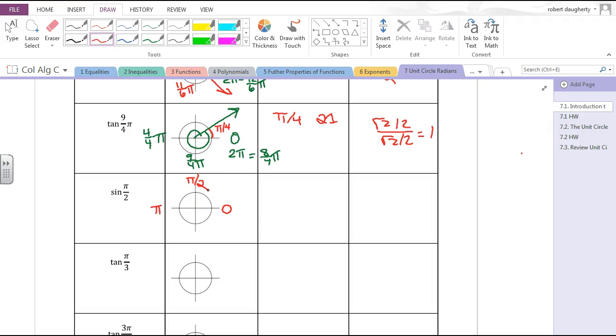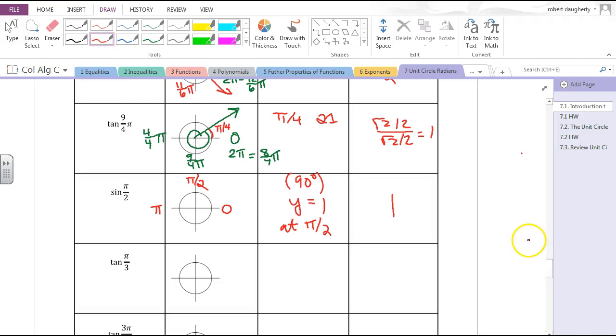Y. Go to pi over 2. What's the y value? Yeah. Y is equal to 1. So y equals 1 at pi over 2. The other way to remember that was where we used to think of that as 90 degrees. Okay, a few more and we're done.